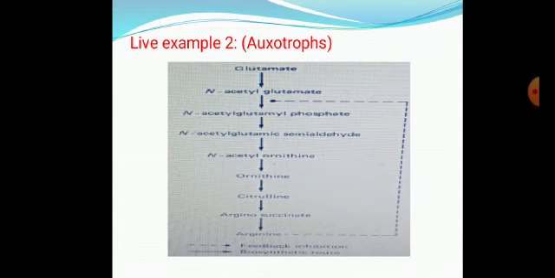That means the organism cannot produce arginine, because arginine, as you see in the diagram, goes and controls the enzyme that converts acetyl glutamate to acetyl glutamyl phosphate. So because arginine is an end product and it does feedback control, you are blocking the enzyme that converts ornithine to citrulline.